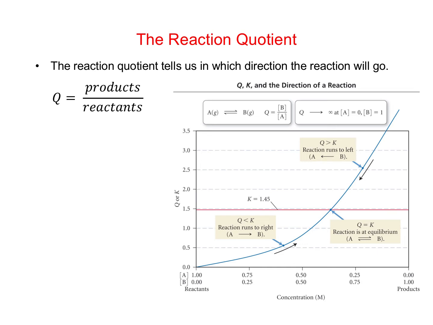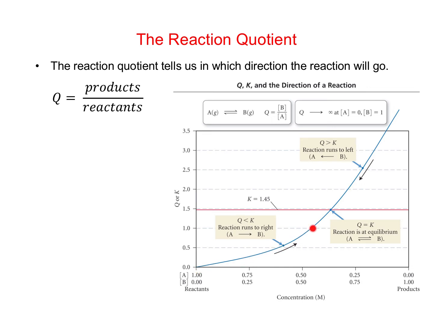The way I think about it is I just use the idea in general: Q, or K, is the products over the reactants. What we're representing on the chart here is for some generic reaction where we're told that the equilibrium constant is 1.45. Wherever I'm at in terms of my ratios of products and reactants, we're always trying to get to, in this case, 1.45, because all reactions are trying to get to equilibrium.